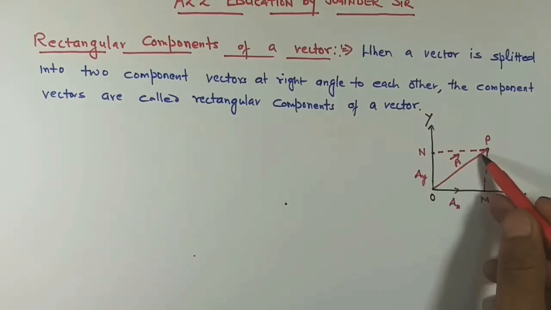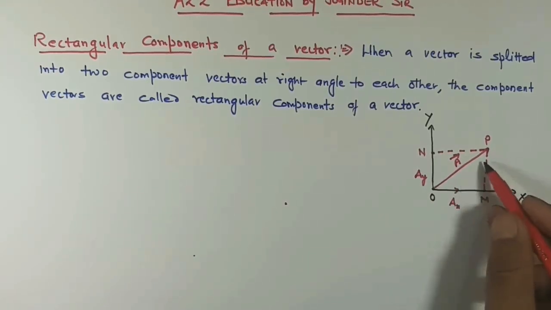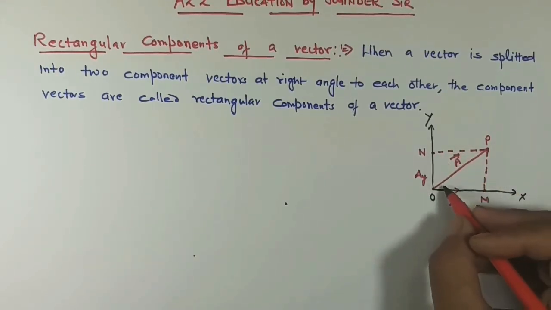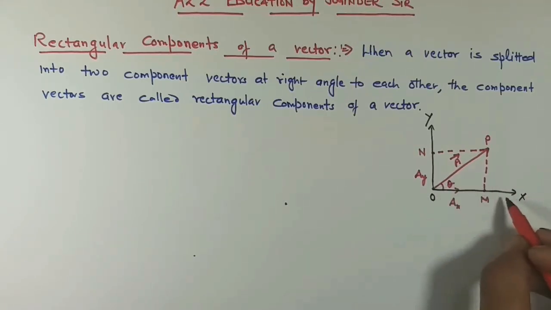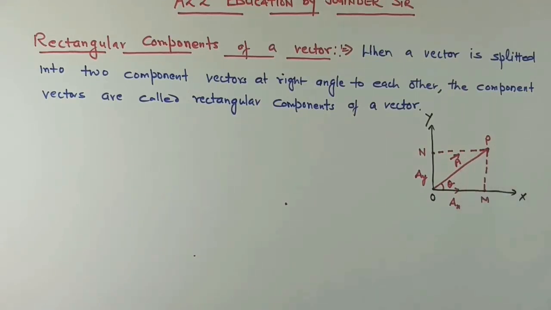So these are the components that are resolved along x and y axis, right. The component of A along x axis is AX and the component along y axis is AY. And suppose this is an angle theta, that component AX makes with that of the given vector A.